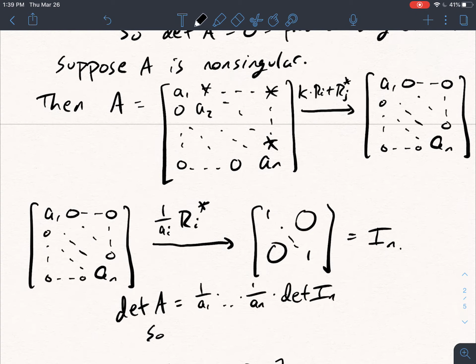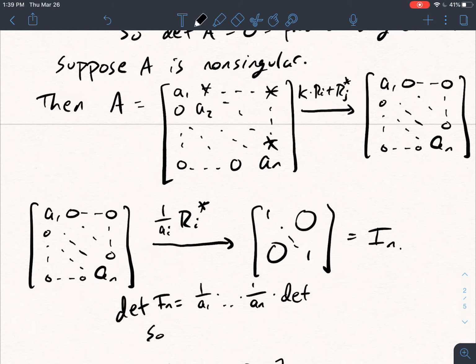Oh, I messed up, I think. I reversed this. It should be the other way around.